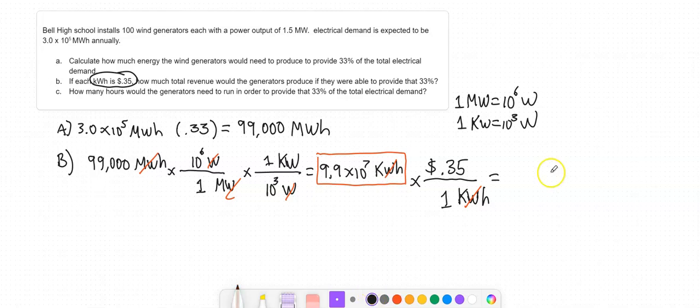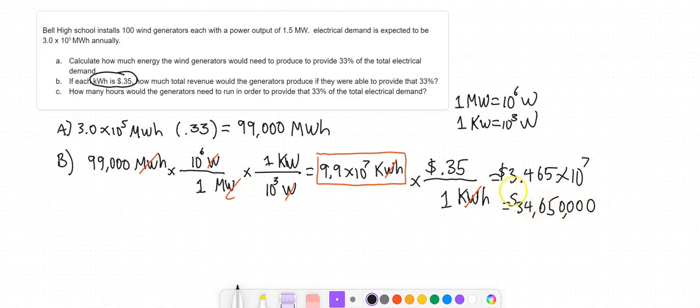I am going to get 3.465 times 10 to the 7th dollars.